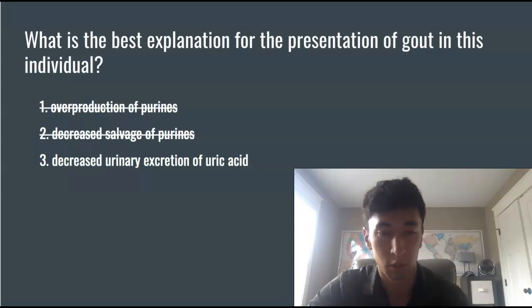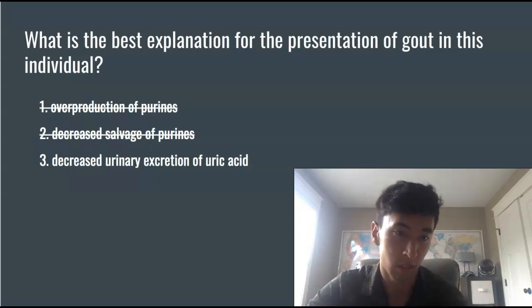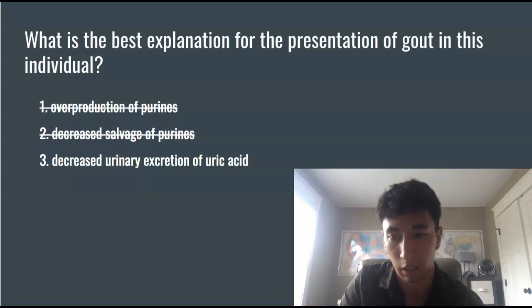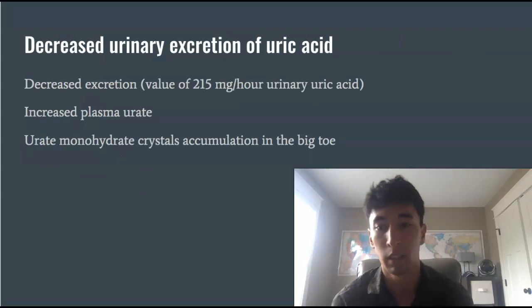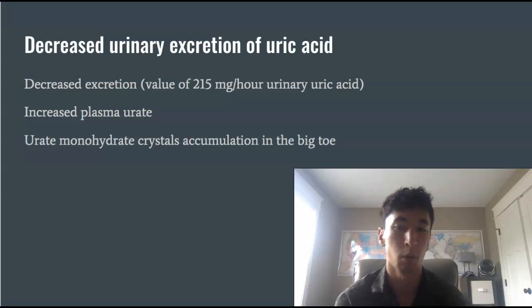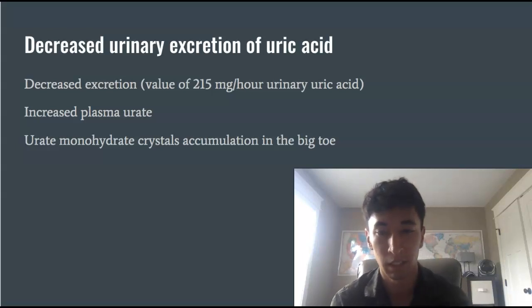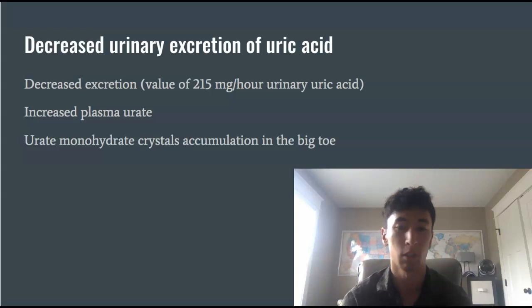The best explanation, as we can see, without the one crossed out, is decreased urinary excretion of uric acid. The patient has lower urinary uric acid and higher plasma urate than normal values. This shows a buildup of monosodium urate, and this patient presented with the formation of gout.